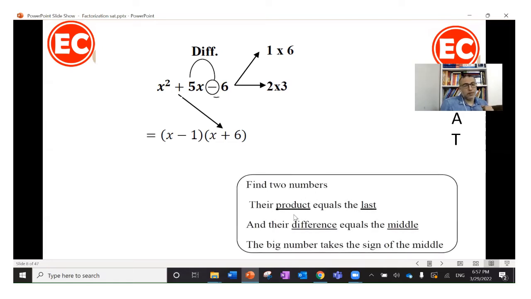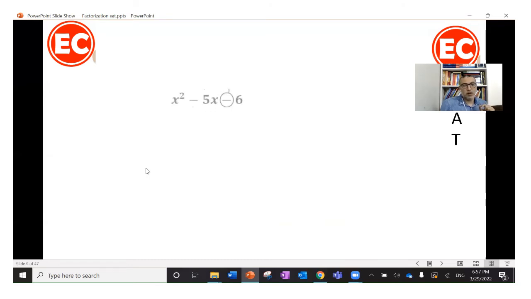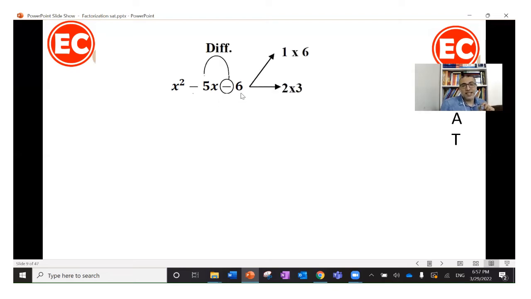Find two numbers whose product equals the last term and whose difference equals the middle. The largest number takes the sign of the middle. Again, the two numbers are 6 and 1, but 6 in this case will be negative, because the middle sign here is negative.